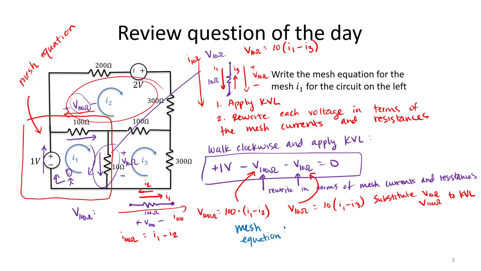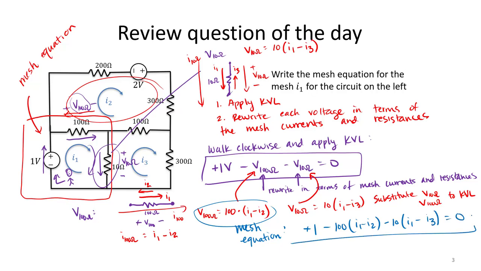So we substitute and we determine we have plus 1 volt minus V 100 ohms, which is 100 times I1 minus I2. Then we have minus V 10 ohms, which is 10 times I1 minus I3. That is our mesh equation for I1.